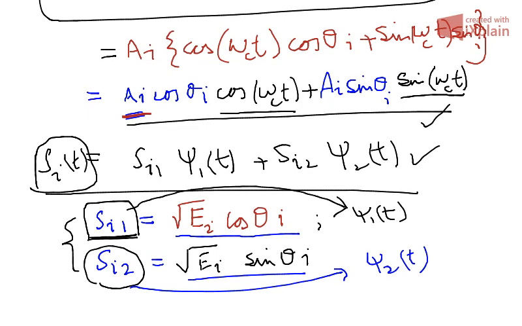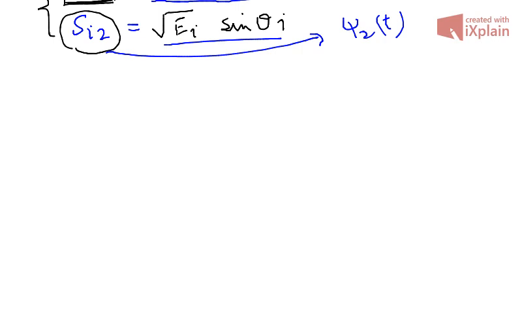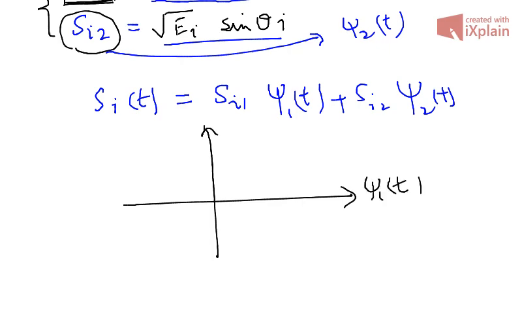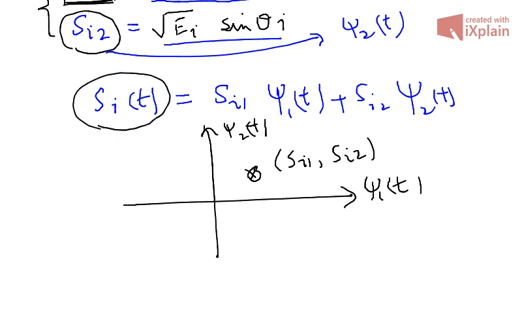Because we said that our signal Si of t, which is a QAM modulated signal, is a linear combination of Si1 and Si2, we can draw our signal in the Euclidean space using psi 1 of t and psi 2 of t as the two axes, and some point over here or anywhere in this space which has Si1 and Si2 as the two coordinates.